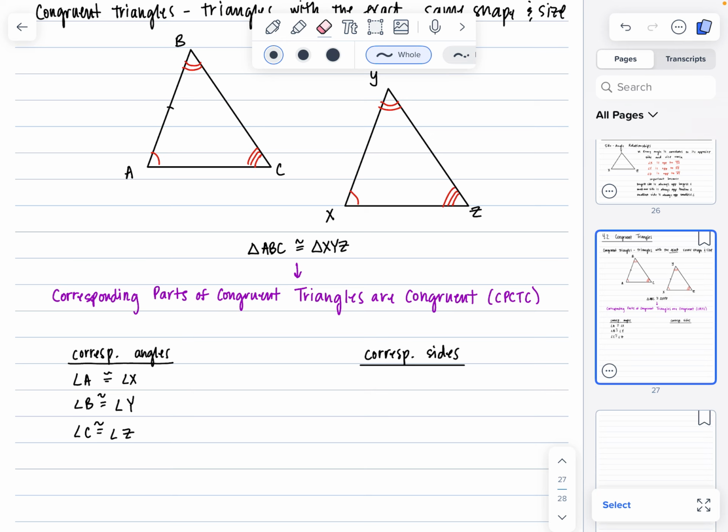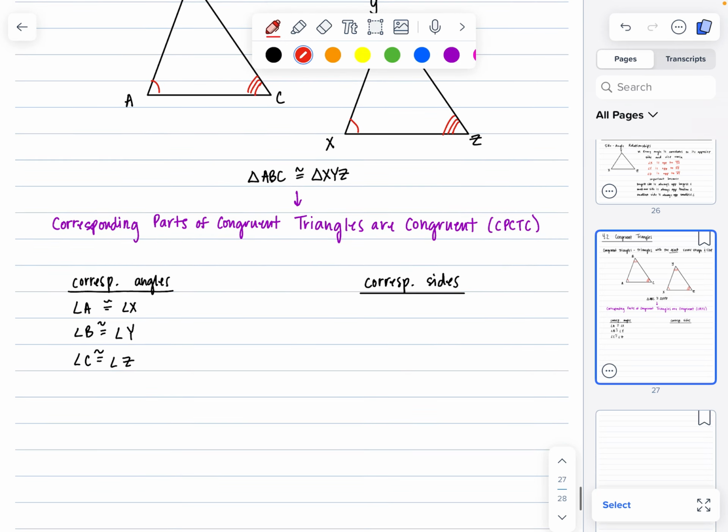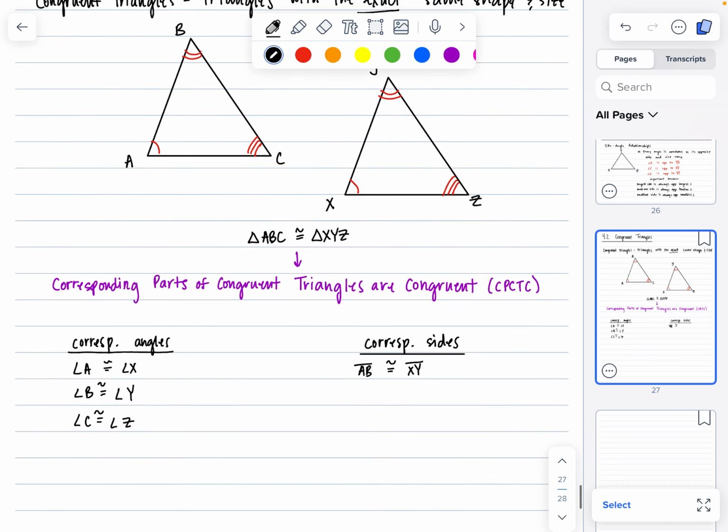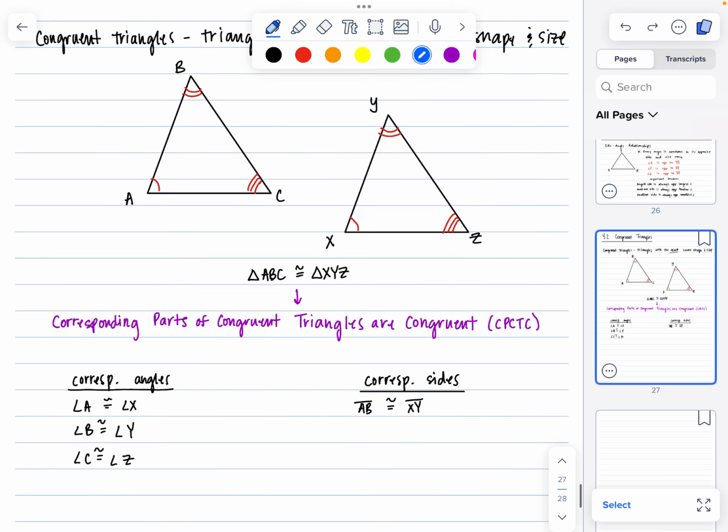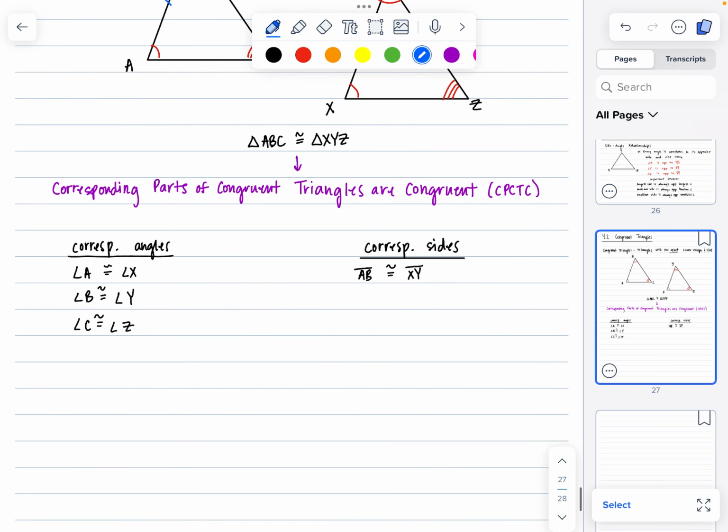Okay, and we could actually do the same for corresponding sides. So corresponding sides would entail, like I said, AB and XY, because those are the first two letters to make a side. AB is going to be congruent to XY because of where they are positioned in its congruence statement. So we have AB 1 tick with XY 1 tick.